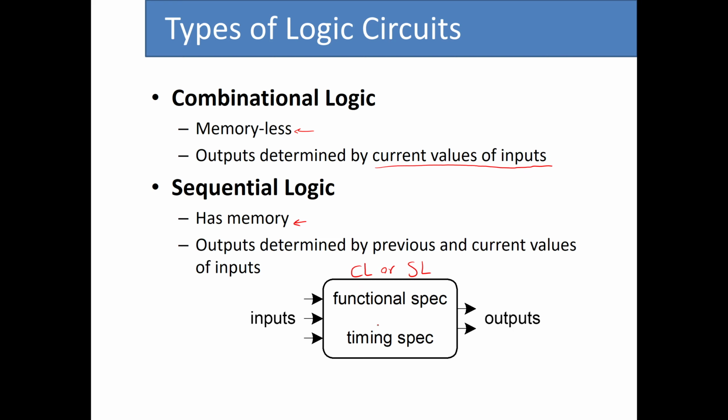The generic description doesn't change. We still have some inputs and some outputs. The way that these inputs and outputs are connected inside this logic circuit determines whether we are dealing with a combinational logic circuit or a sequential logic circuit.